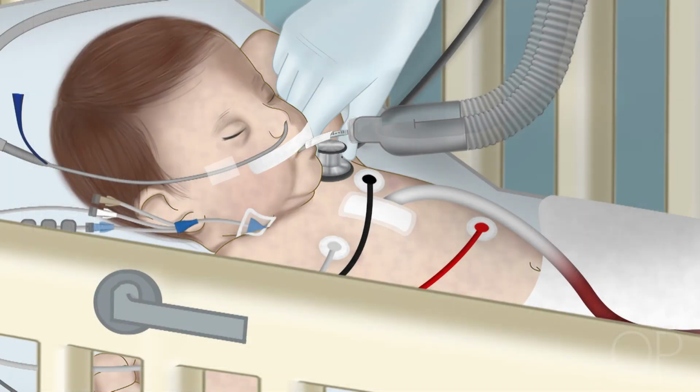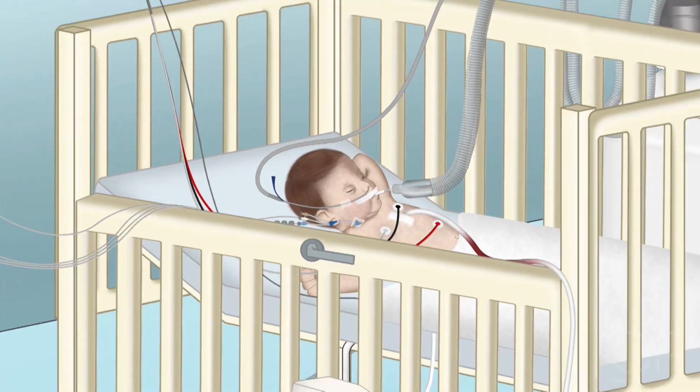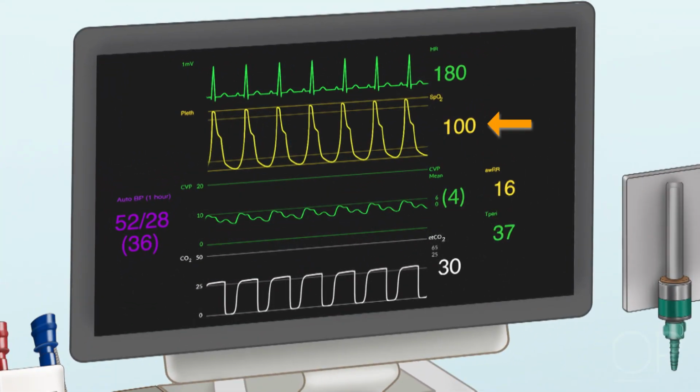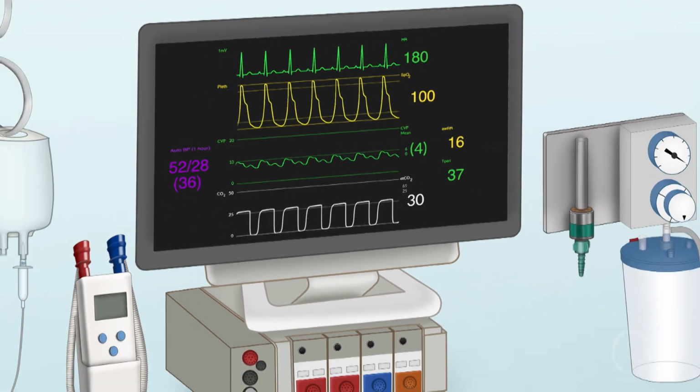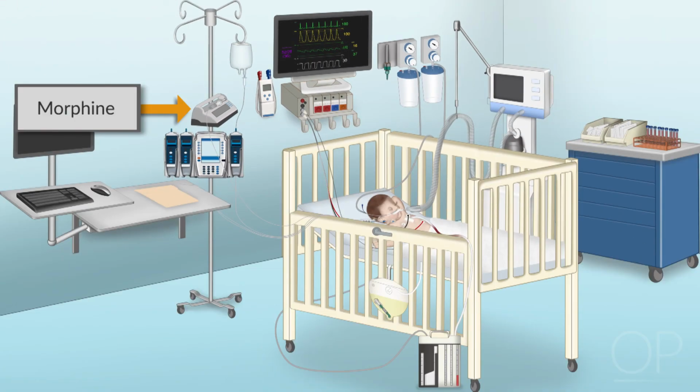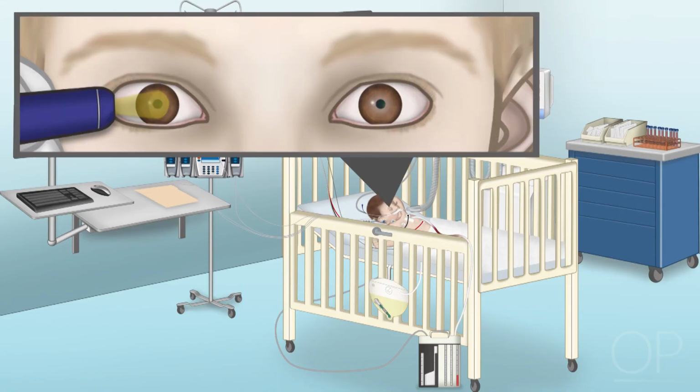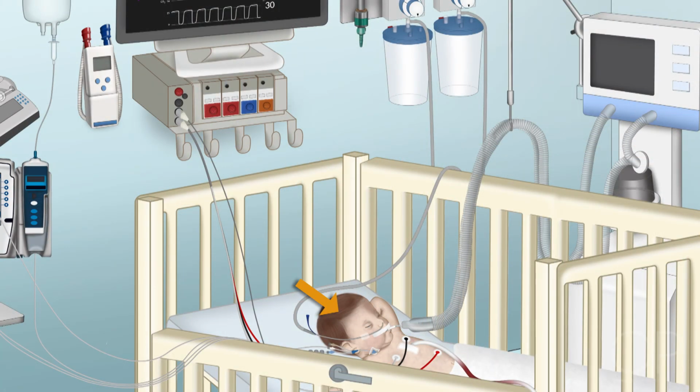Breath sounds are slightly coarse, but overall, the patient has good aeration. The O2 sat is 100%, and the end-tidal CO2 is 30. The patient is well sedated on a morphine drip. The pupils are pinpoint, the fontanelles are soft, and there are no spontaneous respirations noted.